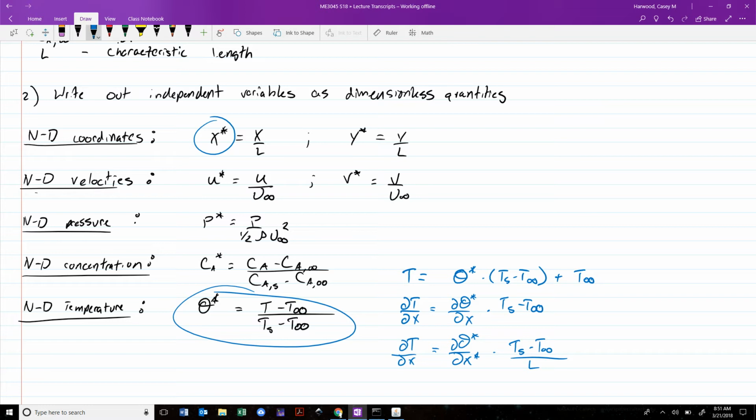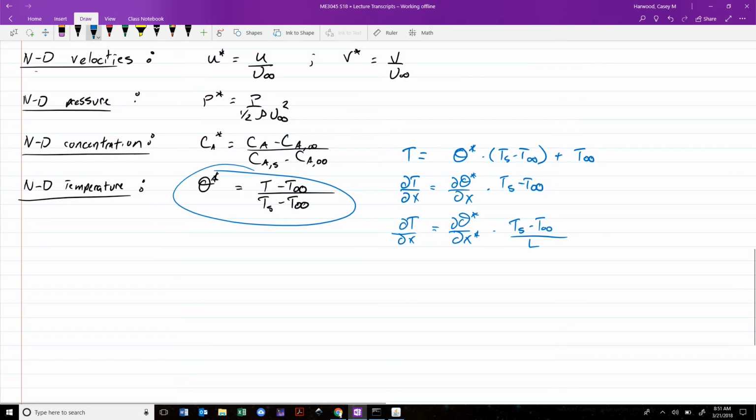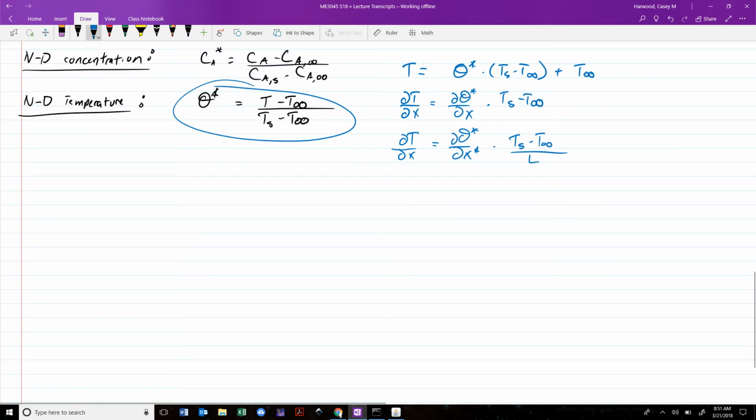So if we do that to each of our original governing equations, our Navier-Stokes equations, our conservation of mass, our energy equation, and our species equation, what we will hopefully get is a series of equations that have only these dimensionless derivatives and then some scaling factors that we can make some sense of.